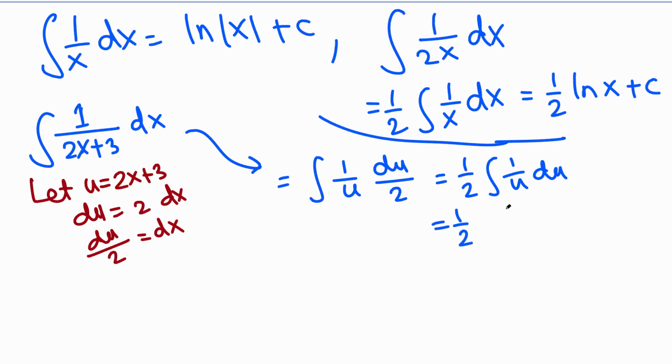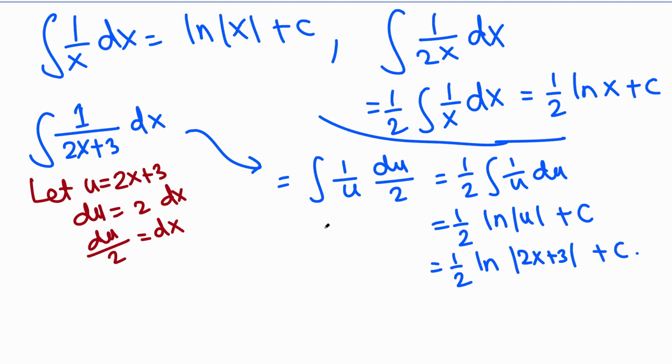Then this is 1/2 natural log of u, which is 1/2 natural log of 2x plus 3, plus c. And if we look closely, it's the natural log of the bottom, and we simply divide by 2.